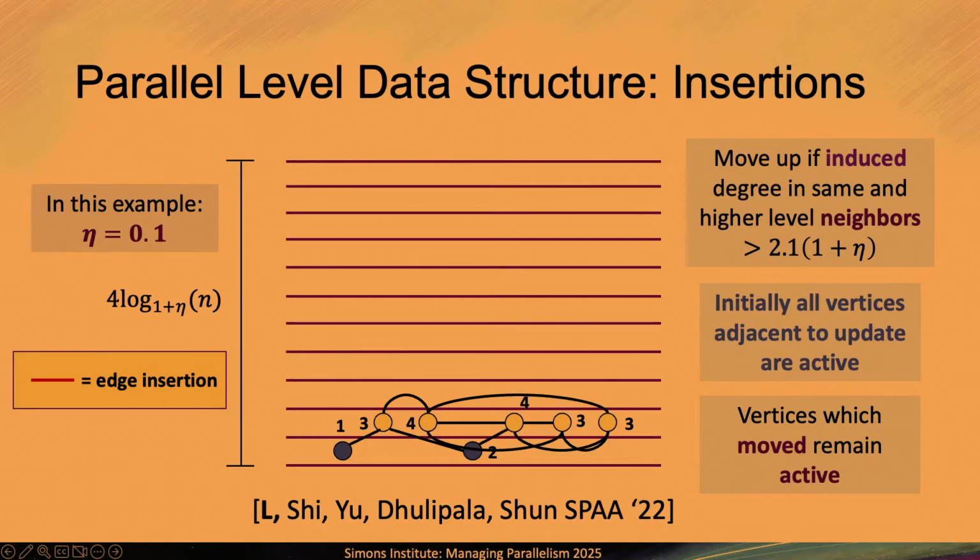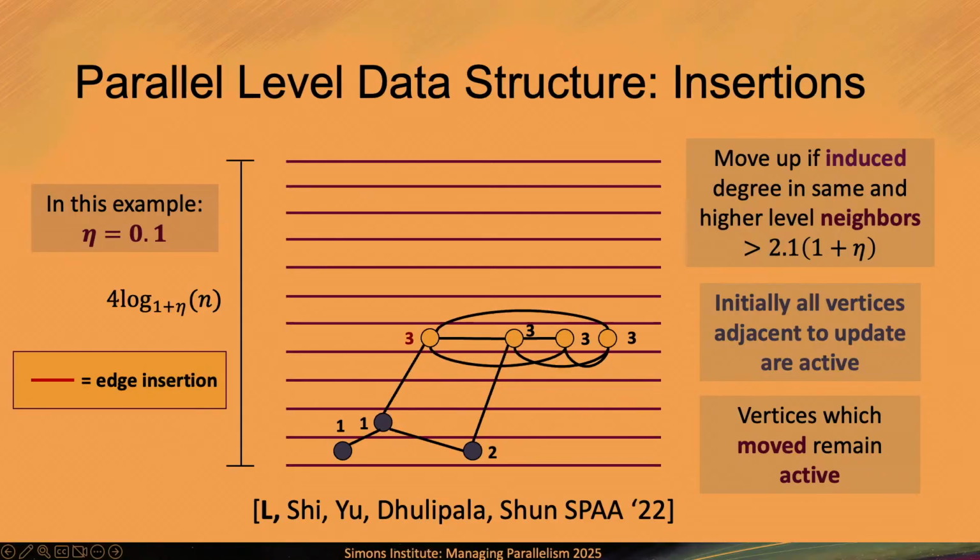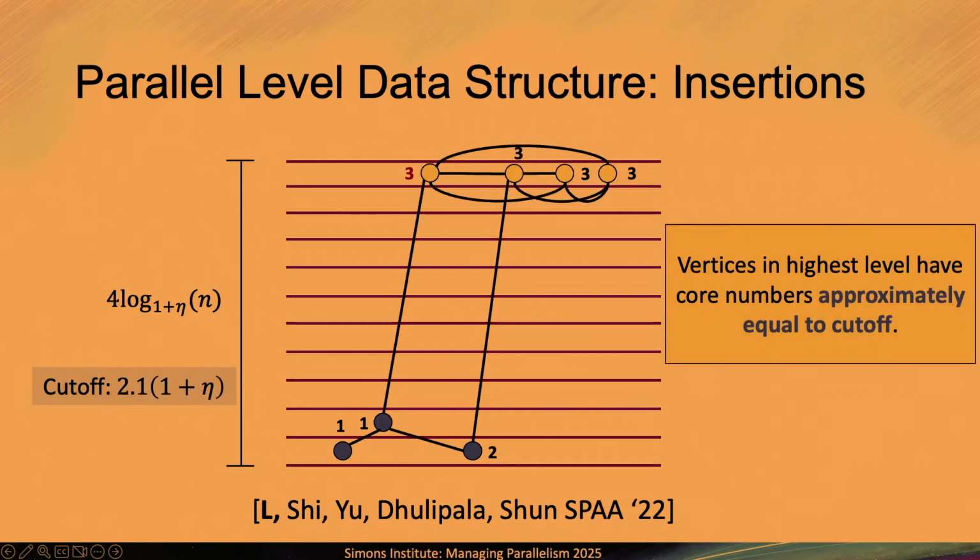You keep performing this step. You keep moving up the nodes as long as the induced active degree is large enough. So you update the induced active degree here and here, and if it exceeds the threshold, you keep on moving it up. In this instance, this is a pretty dense graph, so you keep on moving it up until it reaches the last level.